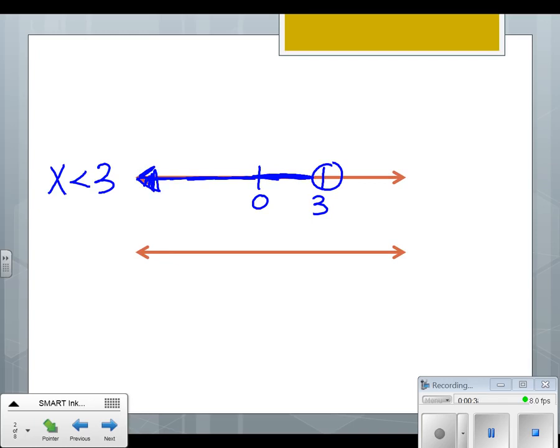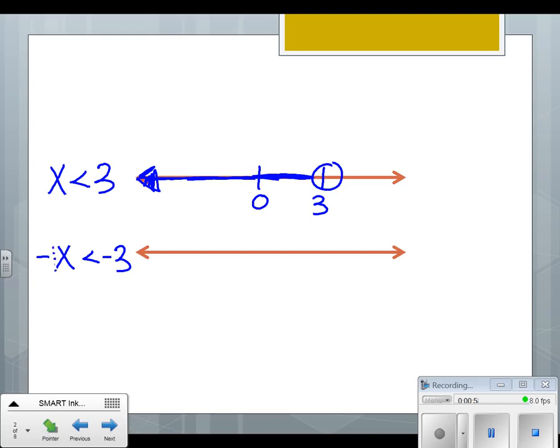Now in this next example, on the second number line here, I want to look at the opposite of x is less than negative 3. The x isn't alone here, so I would need to get rid of what is in front of it, which right now is a negative 1.